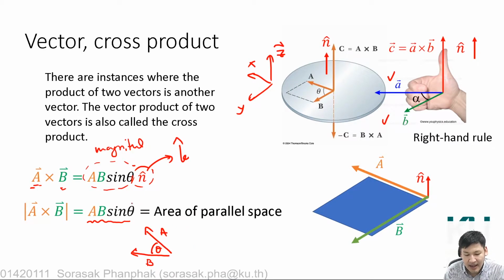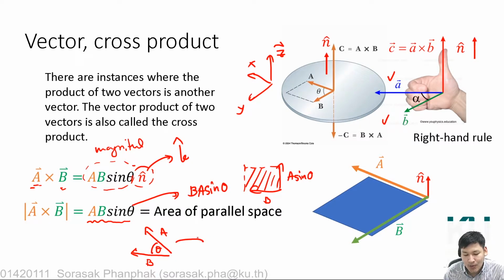If you would like to have B and A sine theta, that means you will have vector B and A sine theta like this. This is the area that you multiplied. Also the same with this.